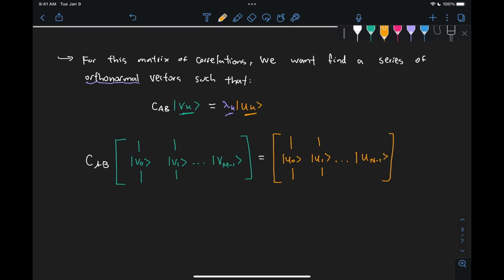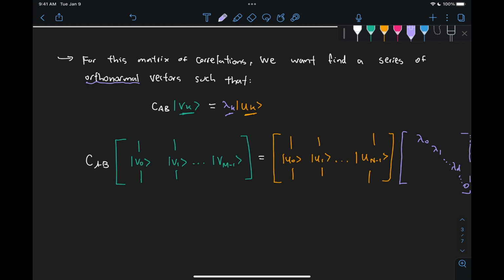And then each of these will have to be pre-multiplied by some coefficients, which we organize in a diagonal matrix, lambda sub 0, lambda sub 1, all the way down to some lambda sub d, which is the minimum between m and n, and then the rest of these coefficients will be just equal to 0, right?